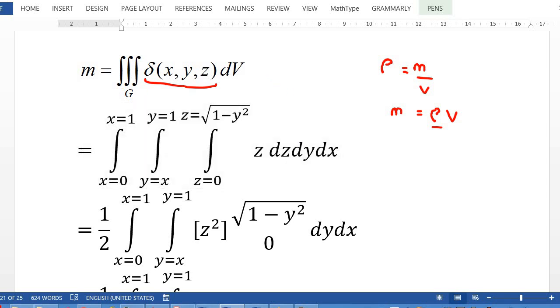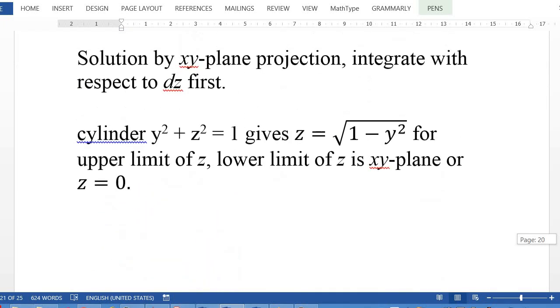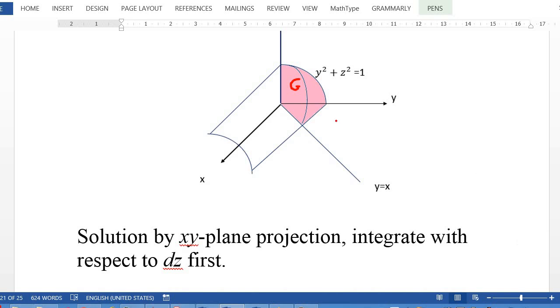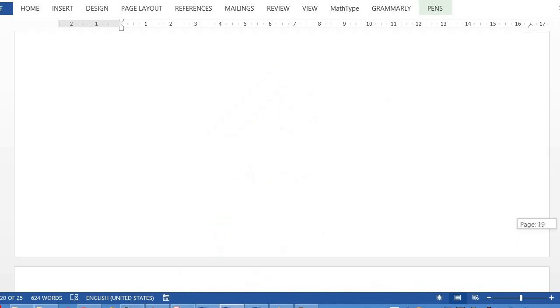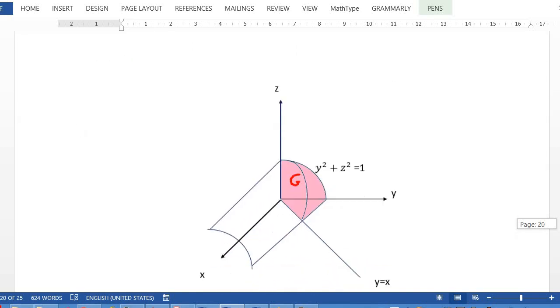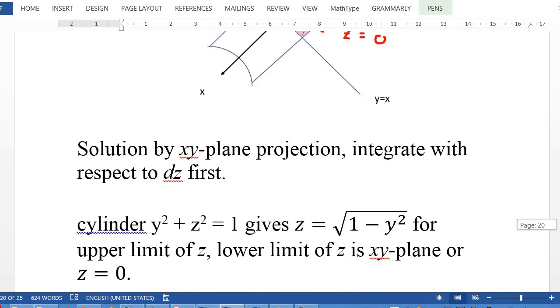Now if you view this solid parallel with the z axis, then you integrate with respect to z first, since it's on the xy plane, because it is the first octant. The lower surface will be z equals 0. For the upper surface, you solve from y squared plus z squared equal to 1.